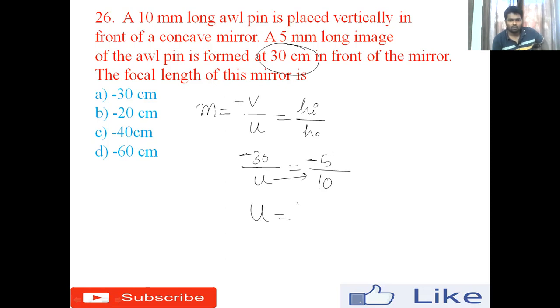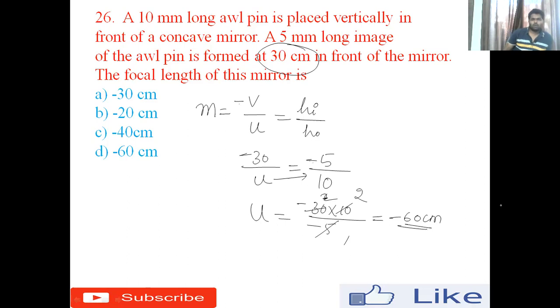U equals minus 30 into 10 whole divided by minus 5. 5 twos are 10, so here 30 into 2, that is minus 60 centimeter. Is it clear? So U equals minus 60 centimeter.